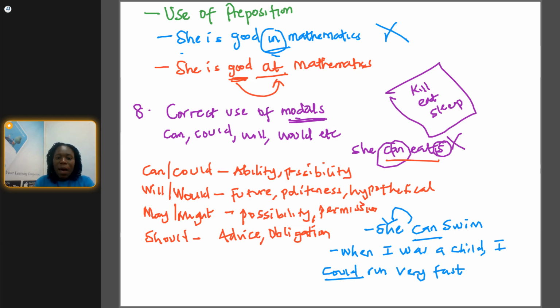So you use can to show present or general ability, while you use could to show past ability. Could can also be used for polite request.